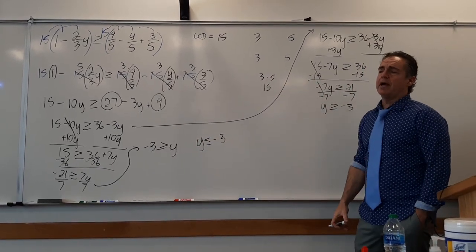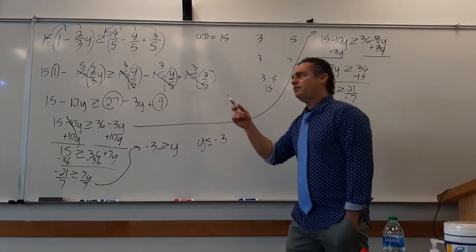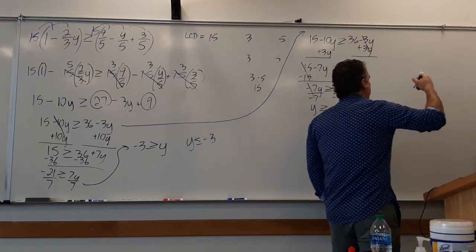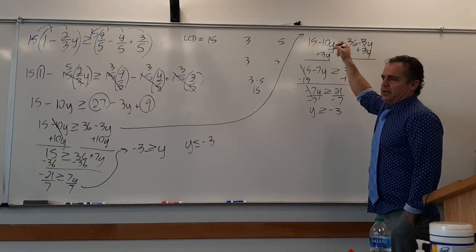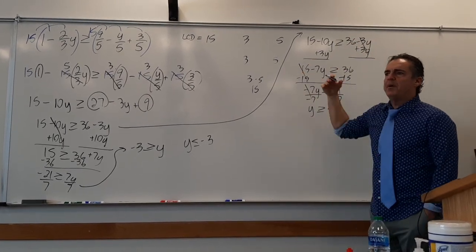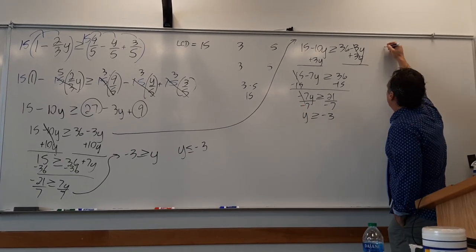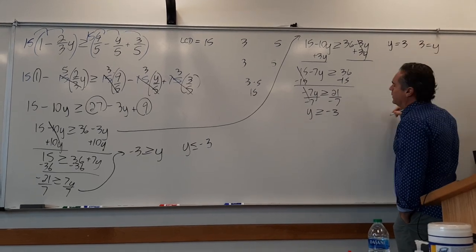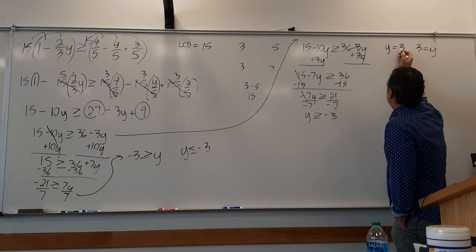So which one is correct? Left or right? Well, here's the deal. You remember when we solved these and we had an equal sign? It didn't matter what we did. As long as we obeyed the balance rule, the answers were the same. And so if I have y equals 3, does it matter if I write 3 equals y? No, because an equal sign is identical on its left and its right side.